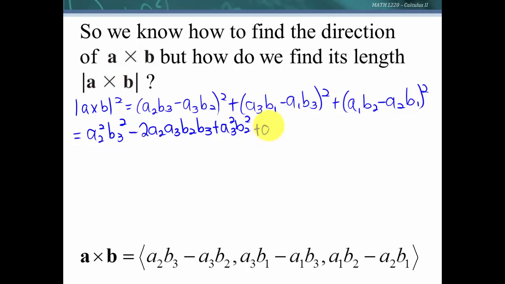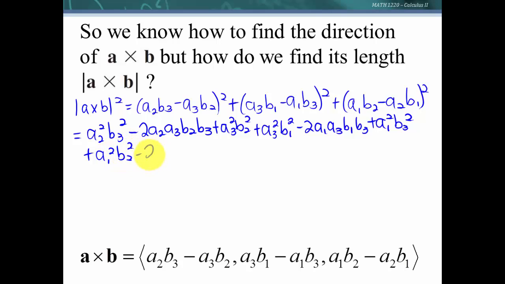Continuing, this would be plus A3 squared B1 squared minus 2 A1 A3 B1 B3 plus A1 squared B3 squared, and then the last piece plus A1 squared B2 squared minus 2 A1 A2 B1 B2 plus A2 squared B1 squared. Let's look at all this a minute and see what we could do to express this differently.